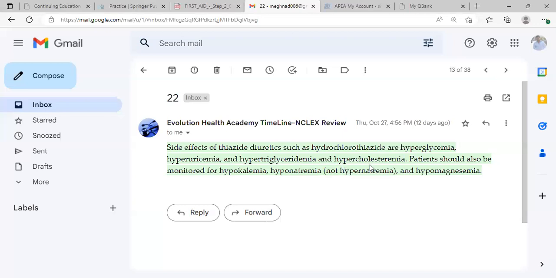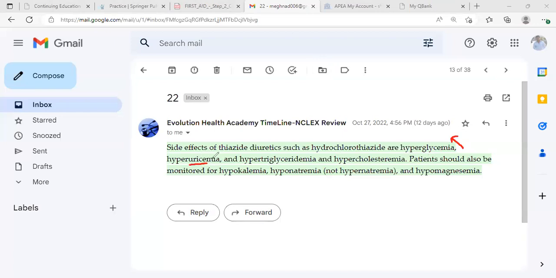So we need to check lipid profile, we need to check blood sugar, and we need to check blood urea level. The patient should also be monitored for hypokalemia.